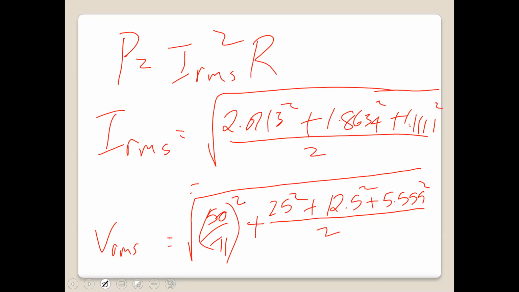And to find the reactive power, you need sine phi. So you just need to find the inverse cos of that value, find phi, and then you have the sine phi. All right, so I'll leave you to complete that. And that's it from me.